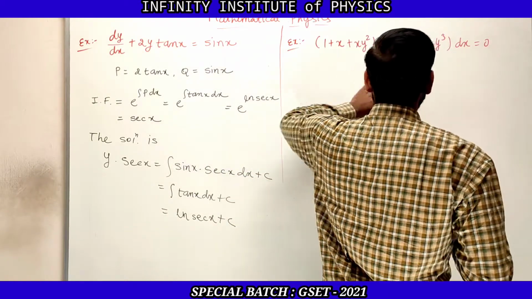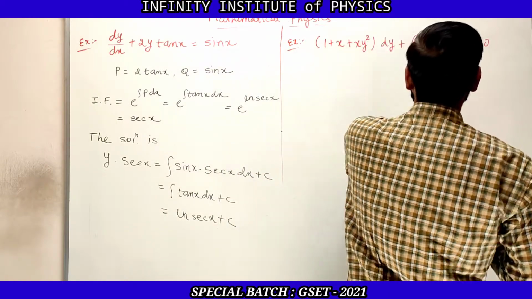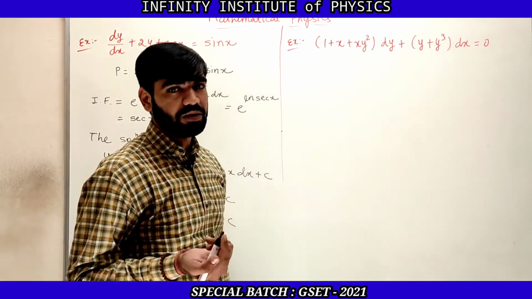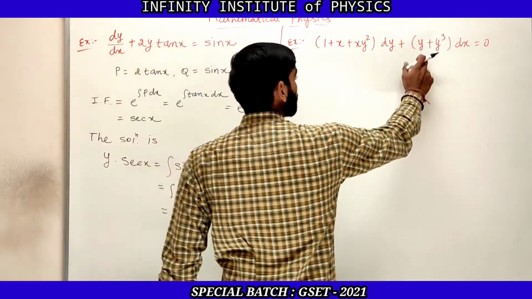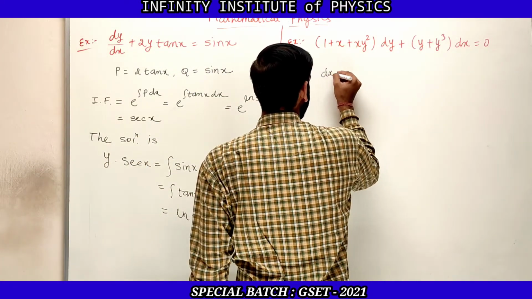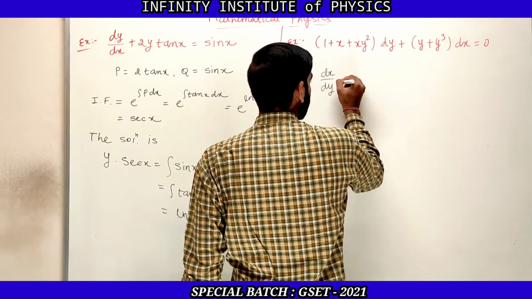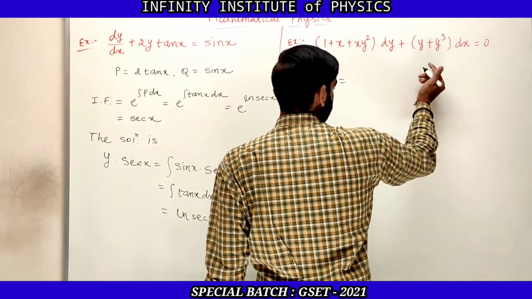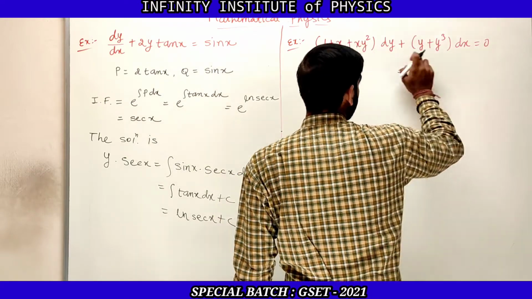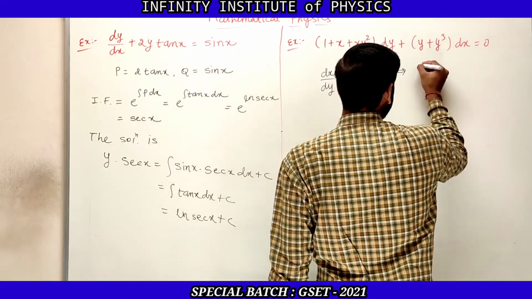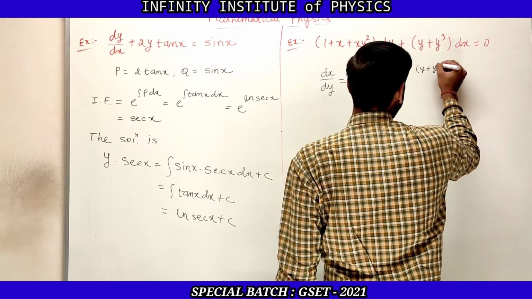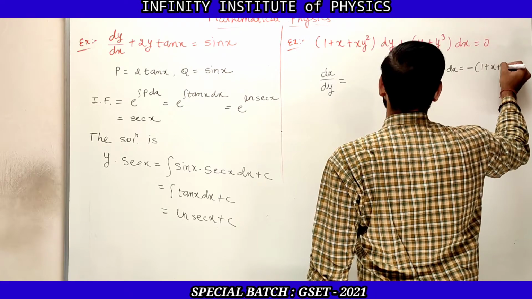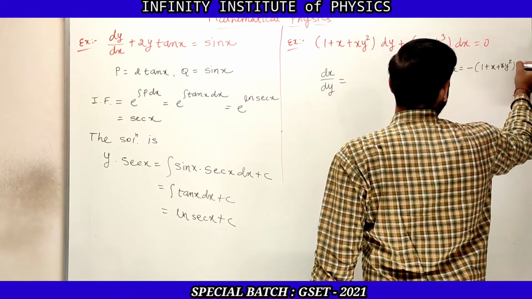So now let us try to convert this into that linear in x. Let us make that dx by dy as a subject to that equation. So for that first of all let us take this term on right hand side, then it will be y plus y cube into dx, which is equal to minus of 1 plus x plus xy square dy.